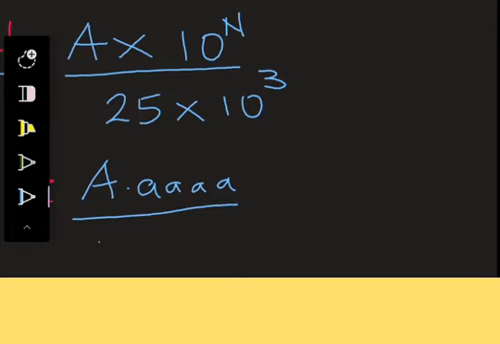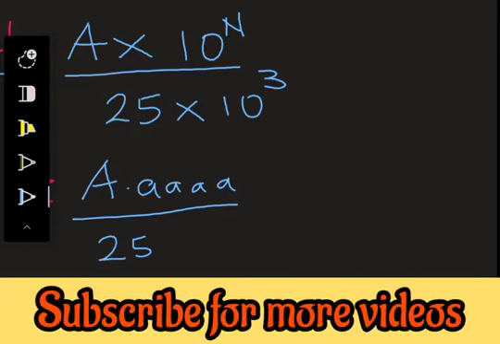Example, 25. 25 can also be called a decimal form of a number. Why? Because it's assumed that we could also put a point here and then a zero comes afterwards, and it's still 25. That is why a whole number can also be said to be a number in decimal form.